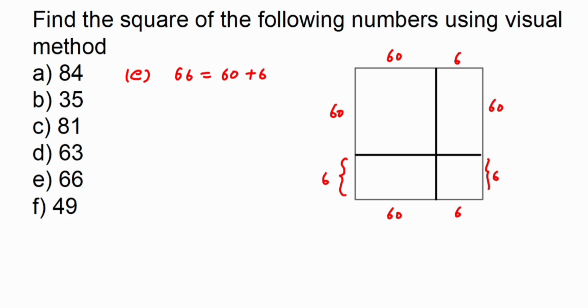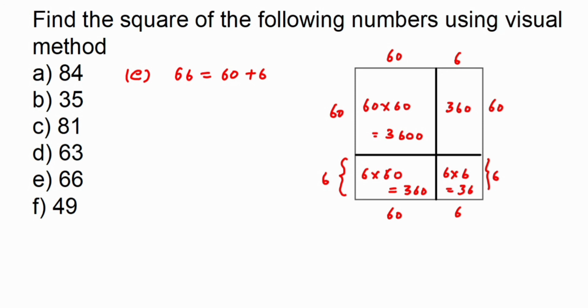So here let us apply the same formula. 60 multiplied by 60 will be 3600, and next we have 6 into 60 which is 360. Here for this part also we'll get 360, 6 into 60, and here 6 times 6 will be 36. Now let's add all of them.